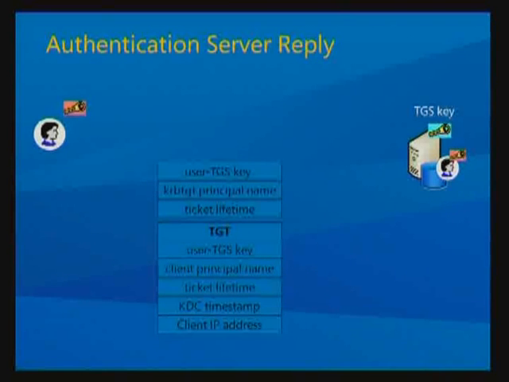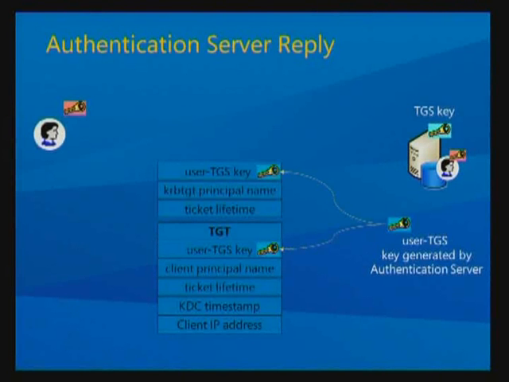So we've got in here a TGT, and we assemble the TGT. Inside the TGT, one of the things is the PAC. The PAC holds all of your group membership, and that's held in the TGT. We've got this key that was generated from the hash of the password. Over here, we also generate a user-to-TGS, ticket granting service, key.